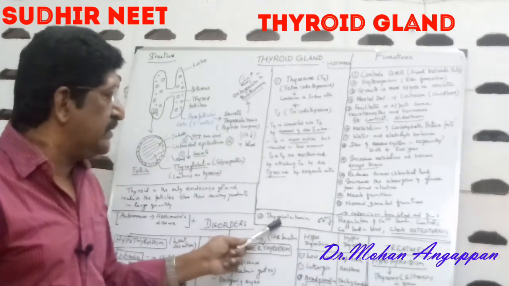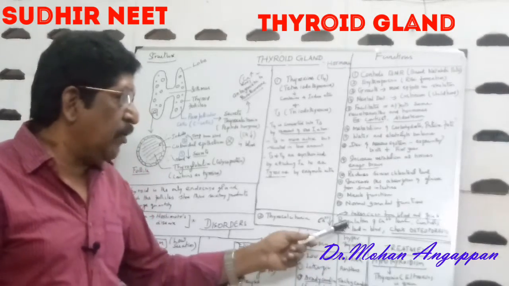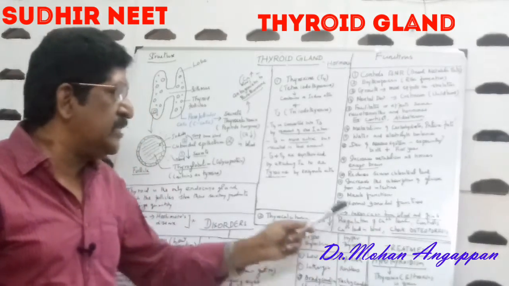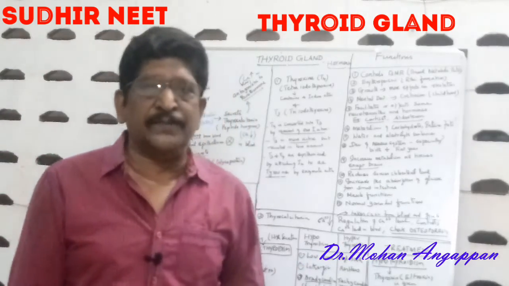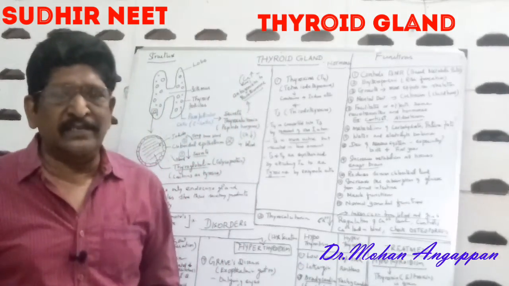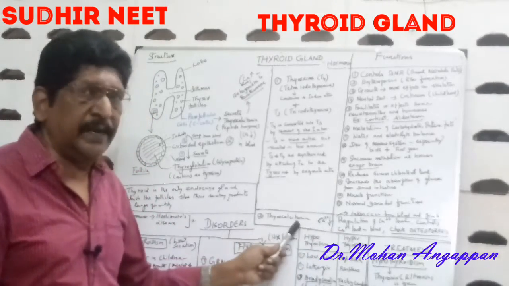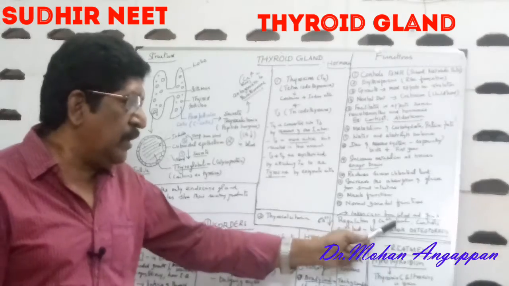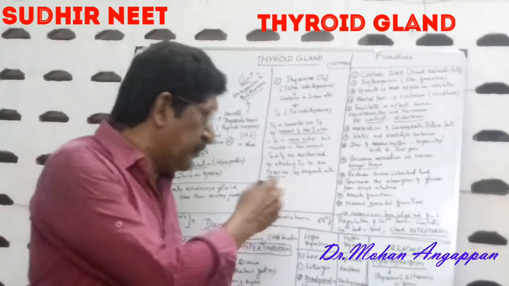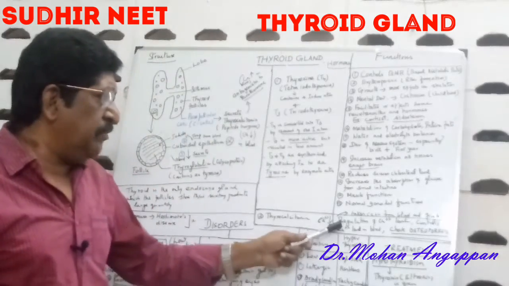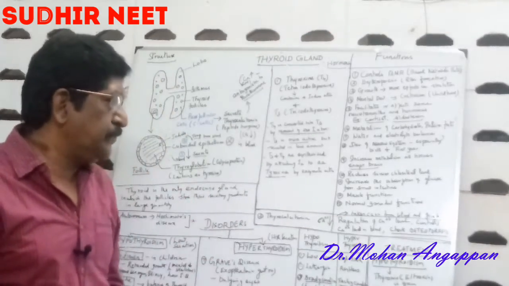So what is the function of THYROCALCITONIN? It reduces the calcium level in blood. It regulates and controls the calcium level in blood. Very important. It checks osteoporosis. The disease osteoporosis is avoided by the secretion of THYROCALCITONIN, because calcium deficiency leads to osteoporosis.